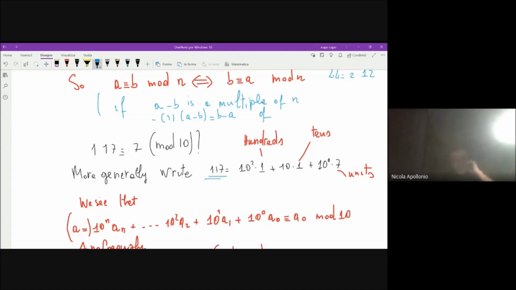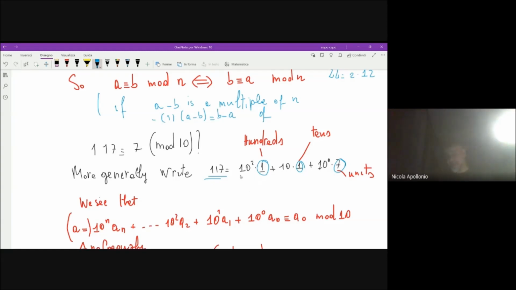In the primary schools in Italy, these are called the hundreds digit, the tens digit, and the digit of units. Every number, even a rational number, can be written using the decimal expansion in this way.